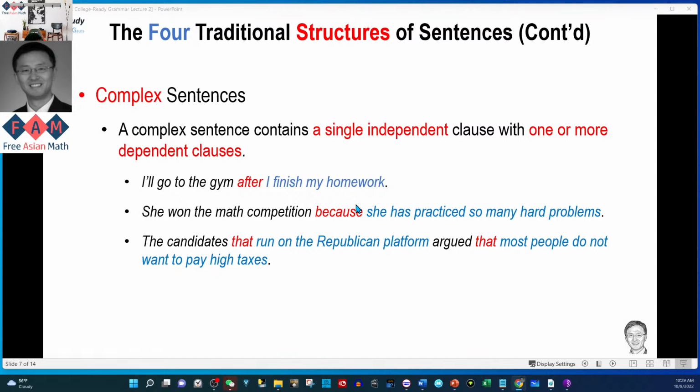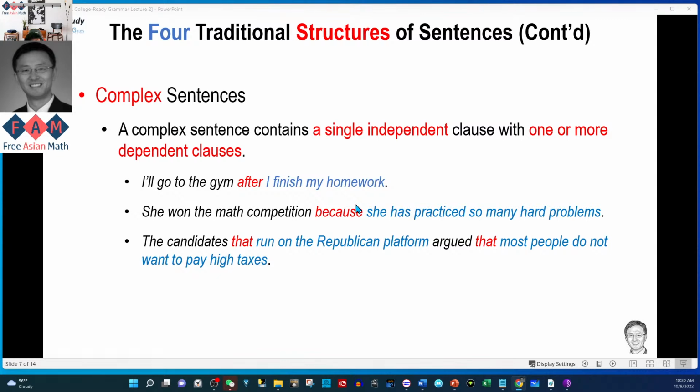And what is that object? That object is that most people do not want to pay high taxes. Look, most people do not want to pay high taxes. This could be a complete sentence if it stands alone, right? Here it is attached to the main clause through this "that."